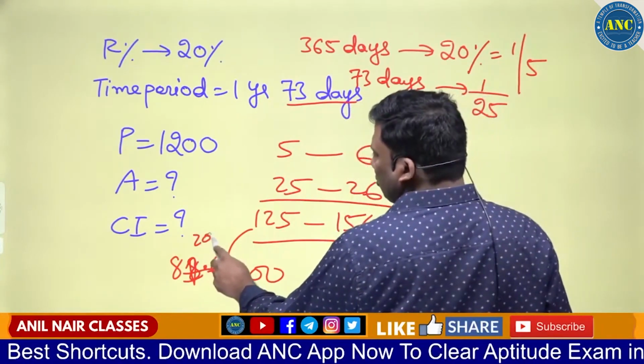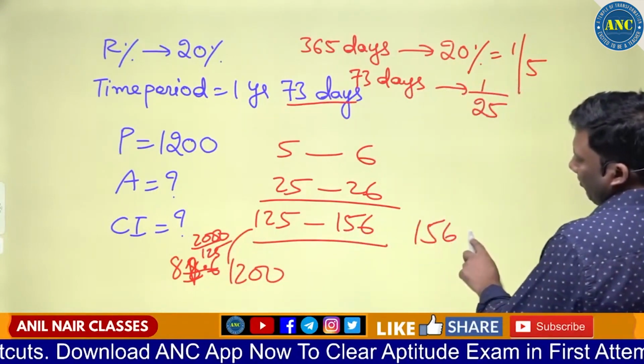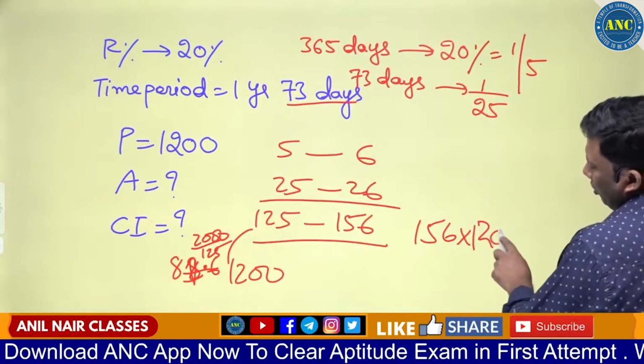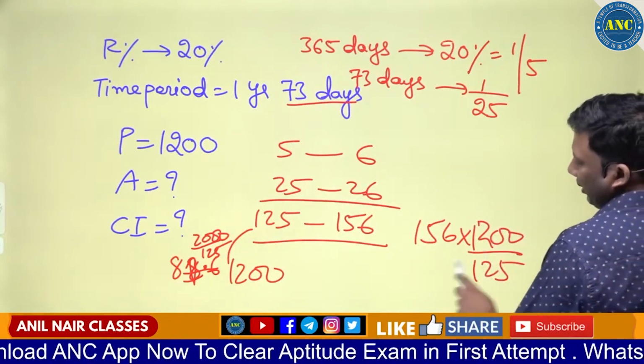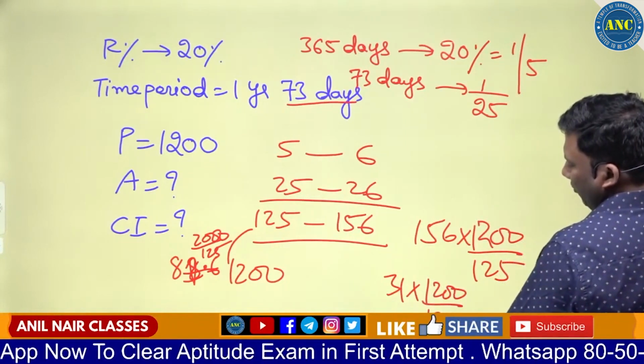Or you take it as 1200 by 125. Amount will become 156 into 1200 by 125. CI will become 31 into 1200 by 125.